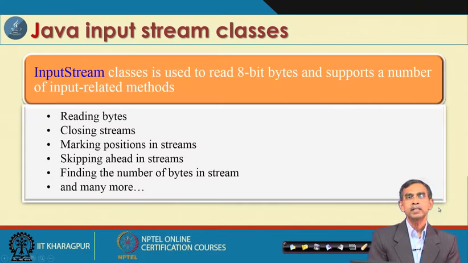Now, the InputStream classes, as I already mentioned, belong to the byte stream classes. This means it is used to read 8-bit bytes, and it supports a number of input related methods.